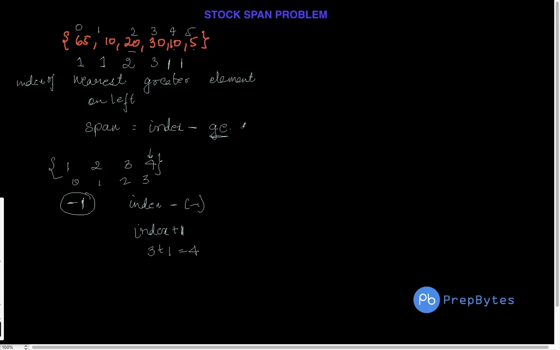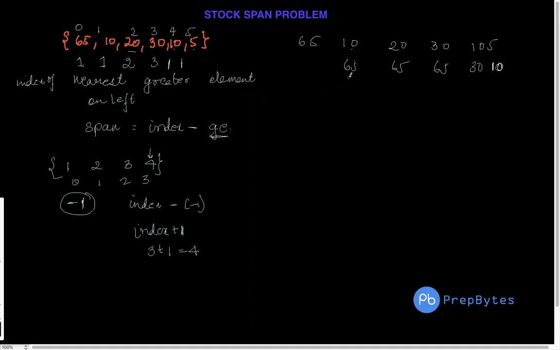One thing I observed is that, if it is 65, 10, 20, 30, 10 and 5, then for 10 it's 65, for 20 it's 65, for 30 it's 65, for the next 10 it's 30, and for 5 it's 10.